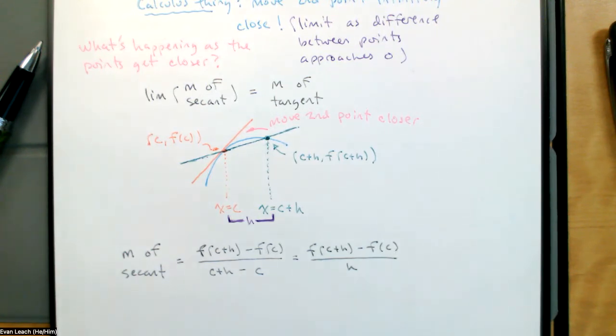That was way too early. We'll take the limit as h approaches 0. So we'll plug in a bunch of values for h and see what happens.